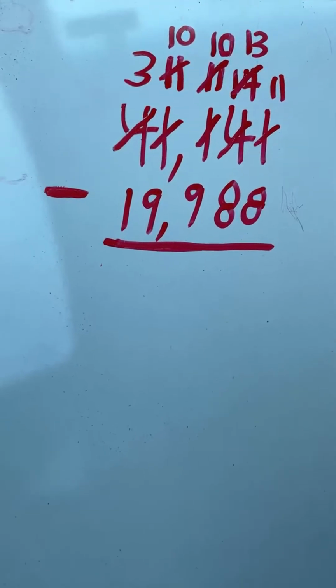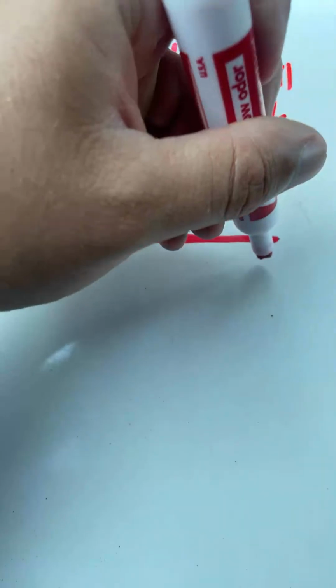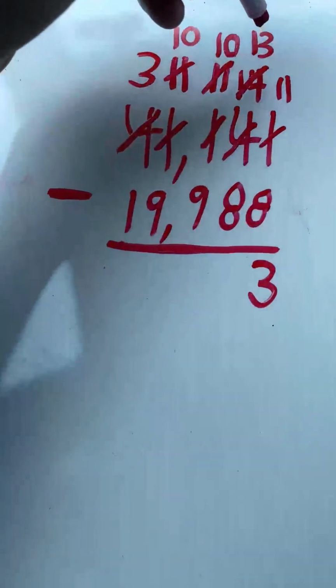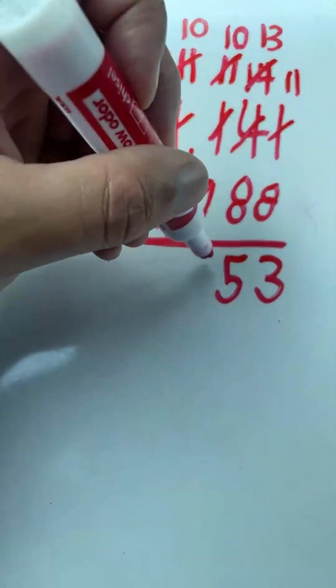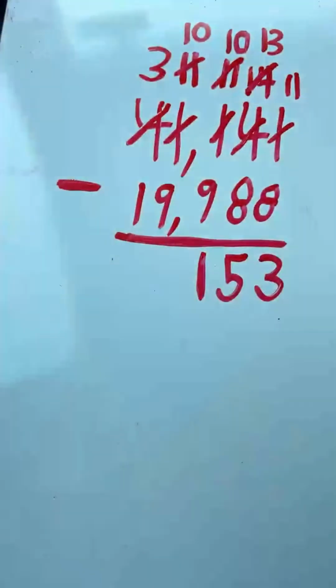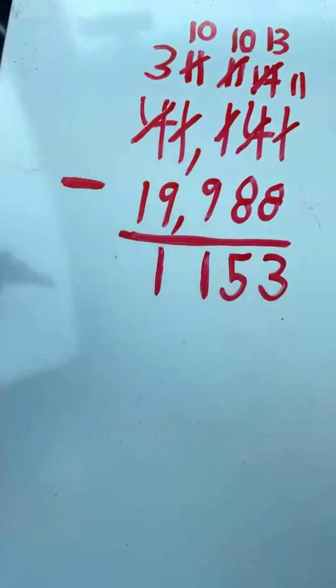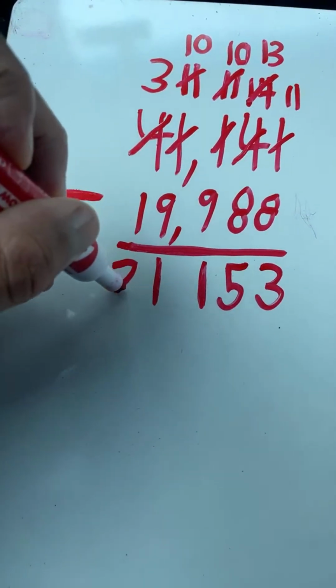So we are now going to start in the ones place. 11 minus 8 equals 3. 13 minus 8 equals 5. 10 minus 9 equals 1. 10 minus 9 again equals 1. 3 minus 1 equals 2.